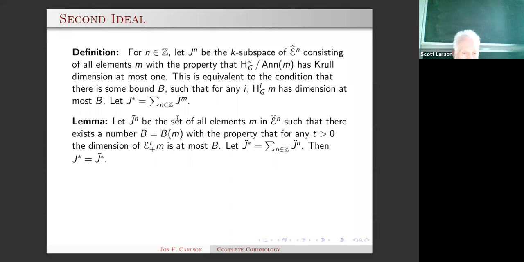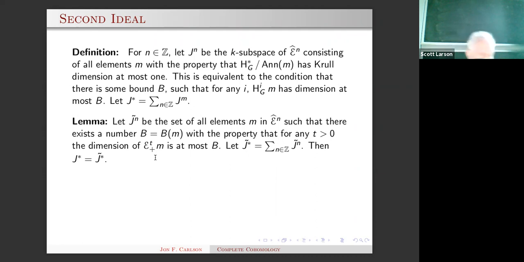So if you let J n tilde, I can do the same thing, instead of just doing this for the cohomology ring of the trivial module, for the cohomology ring of the module itself, for this E star plus.